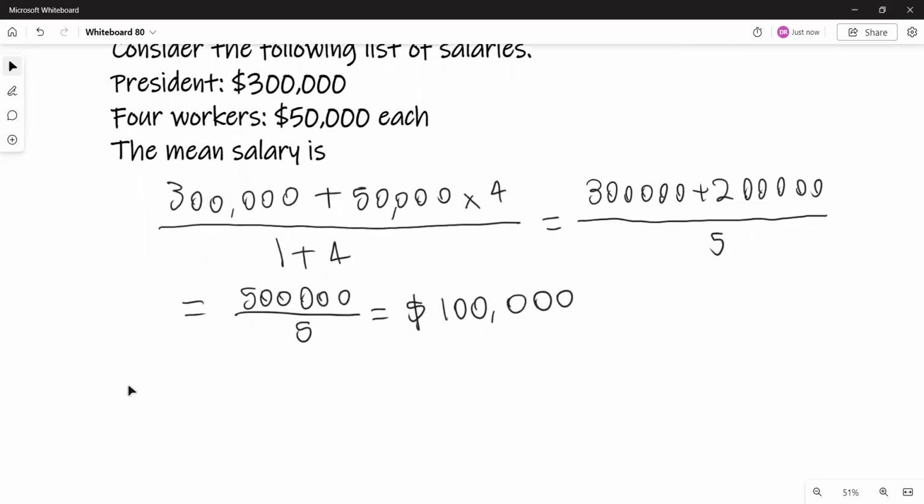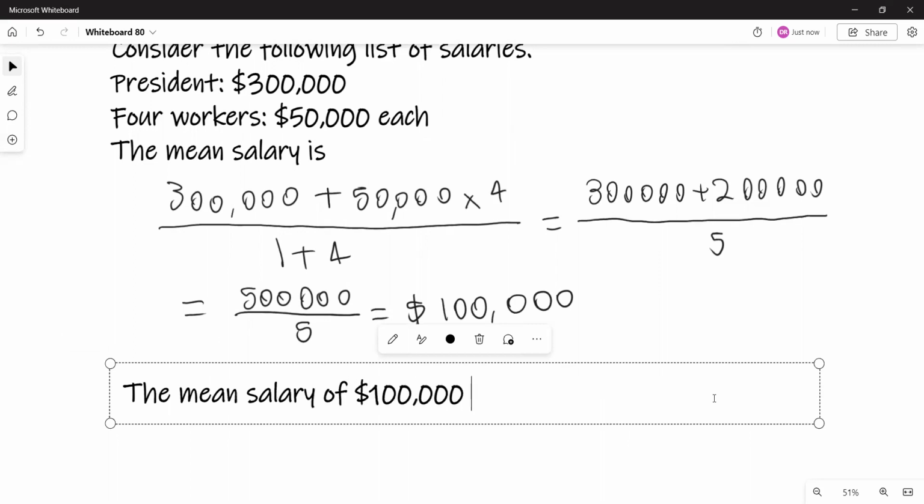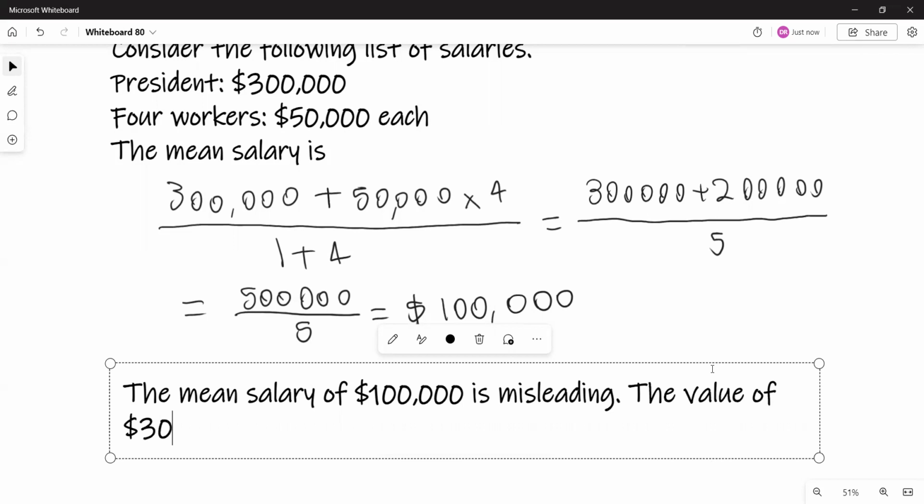So the mean salary of 100,000 is misleading. And the reason is because the value of 300,000 is an example of an outlier.